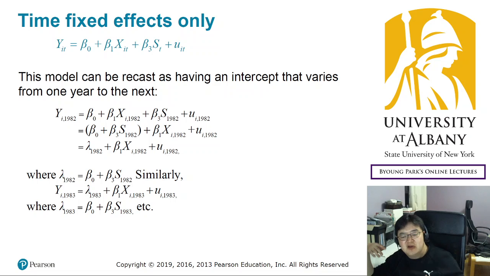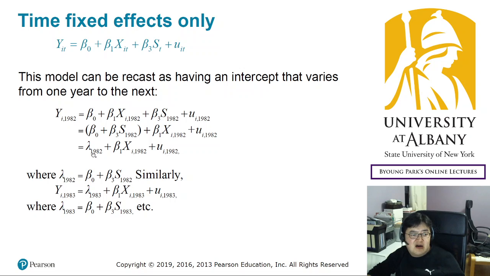So this year the fatality is higher for all states, but in another year fatality rates are lower for all states. So the starting points are different across time, not across states. Then you may think about a year specific intercept, lambda 1982.